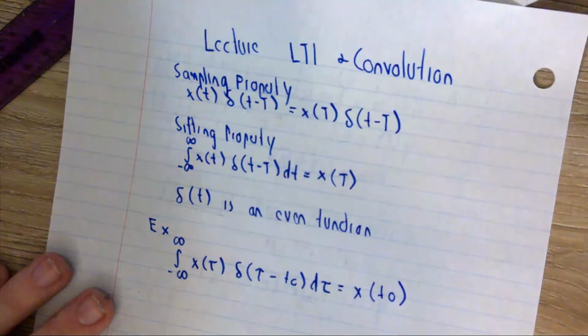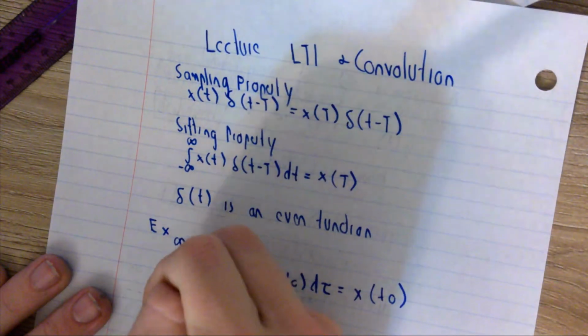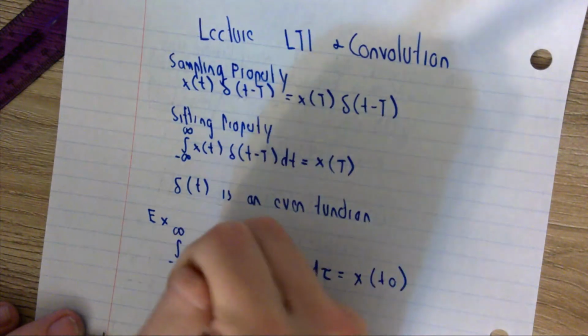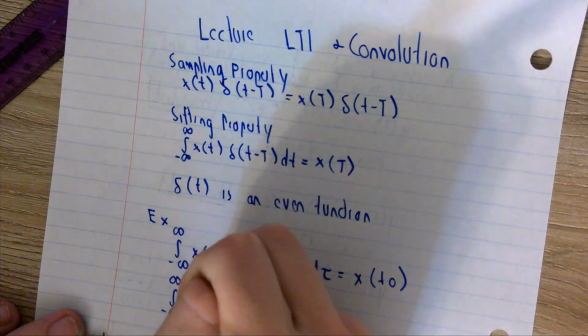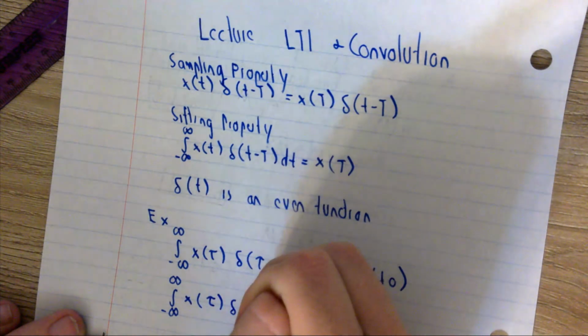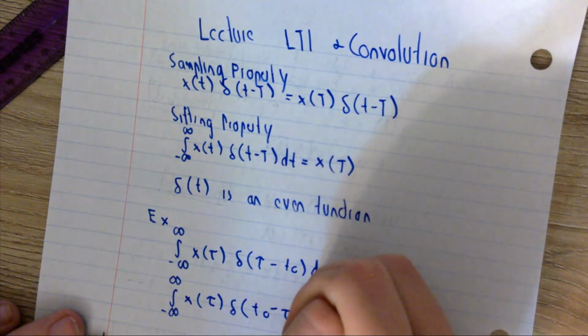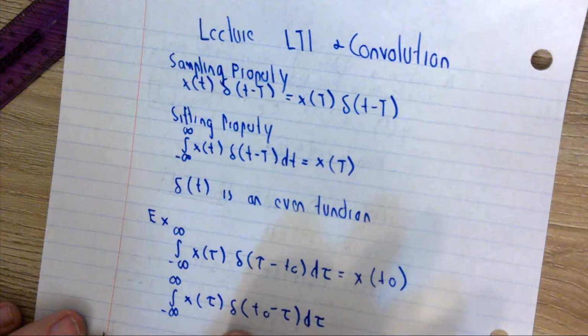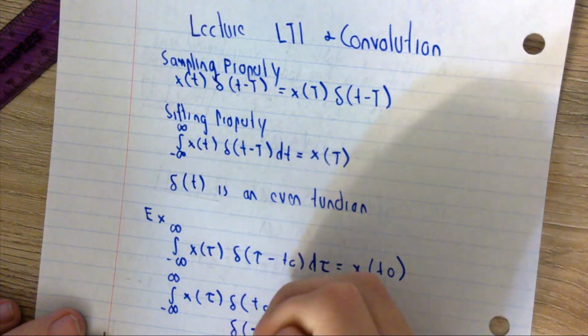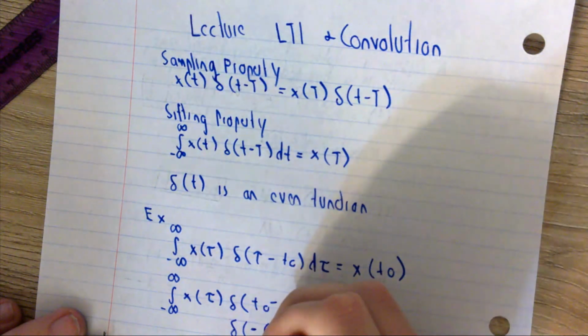Next one, we do negative infinity to infinity of x of tau delta of t0 minus tau d tau. Well, remember, it's an even function, so can't we rewrite it with a negative? And then this would become tau minus t0.